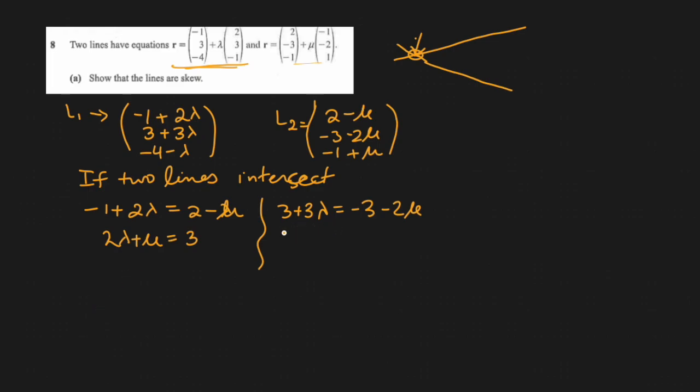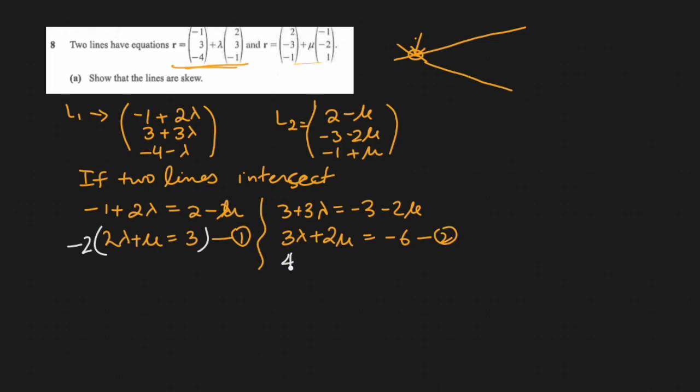What does this give us? 3 lambda plus 2 mu equal to minus 3 minus 3, minus 6. Okay. Now we have two simultaneous equations, and they will definitely give us some answer. So I'll multiply this equation by minus 2, so that I get negative 2 mu here.